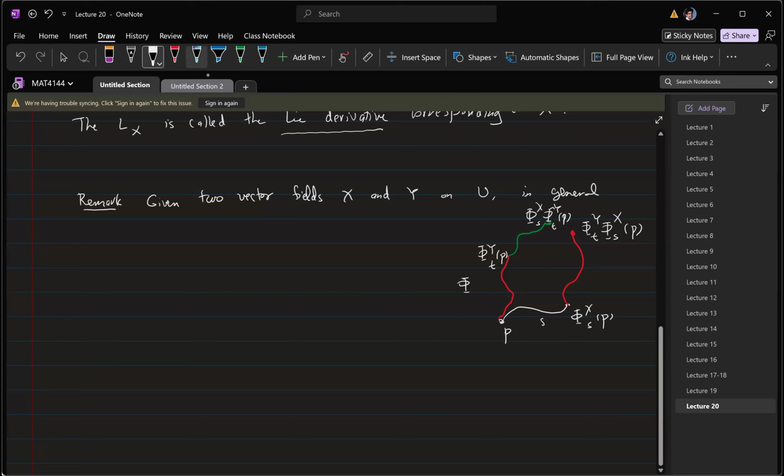Then there is no reason to expect that we end up in the same points. Usually we don't. So in general, φ^X_s(φ^Y_t(p)) is not the same as φ^Y_t(φ^X_s(p)).